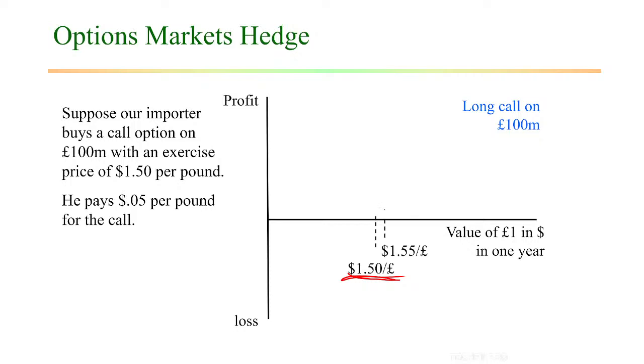In other words, the exchange rate has to move up to 1.55, or we'll break even, because we paid this 5 pennies to buy the call option.